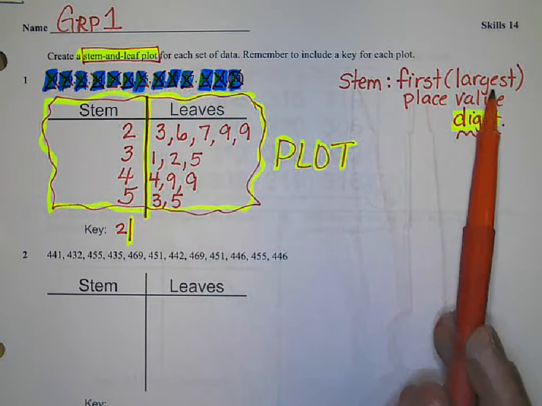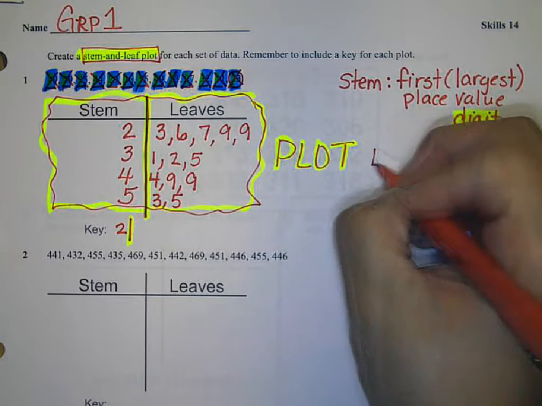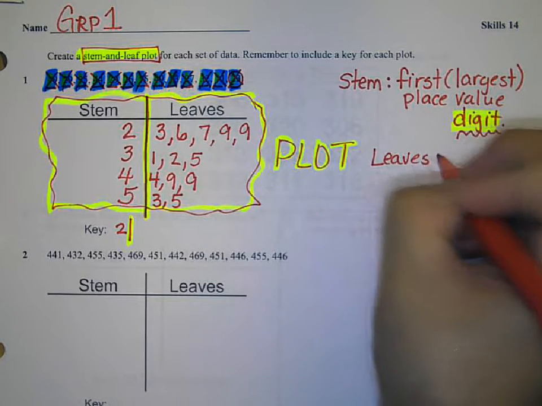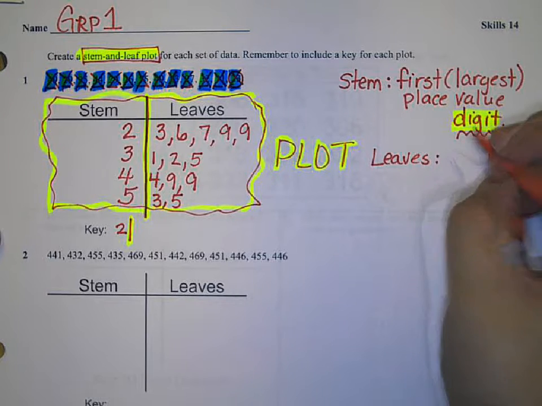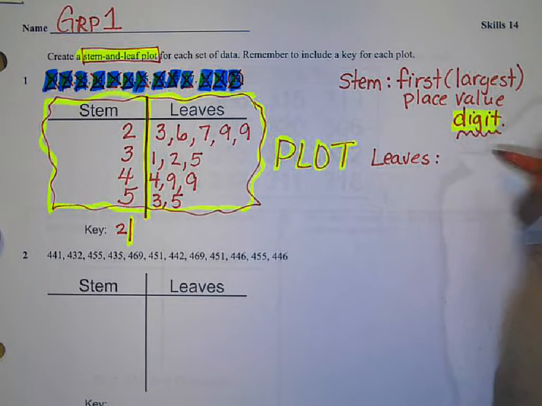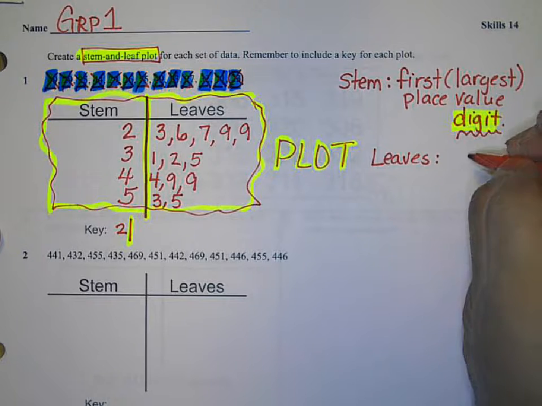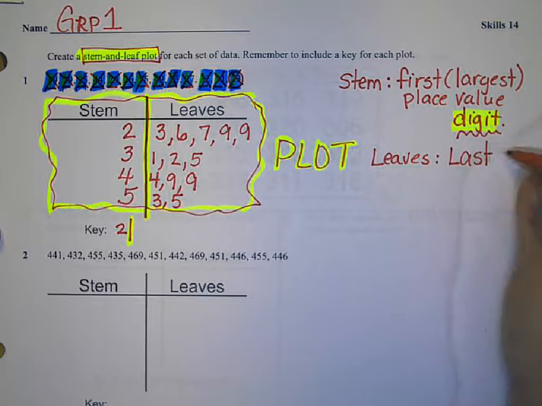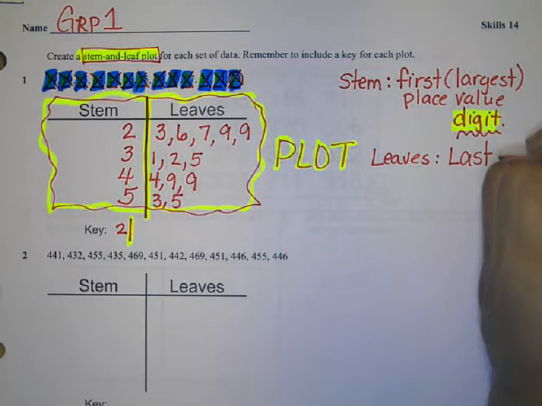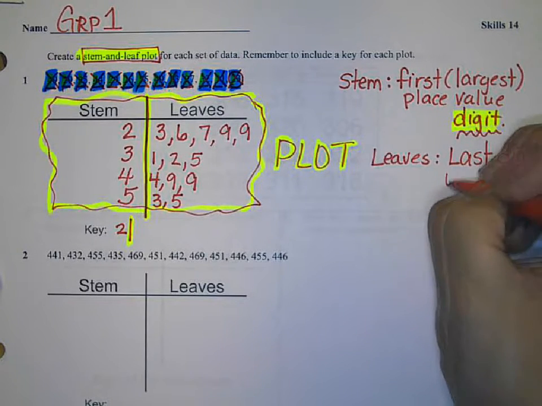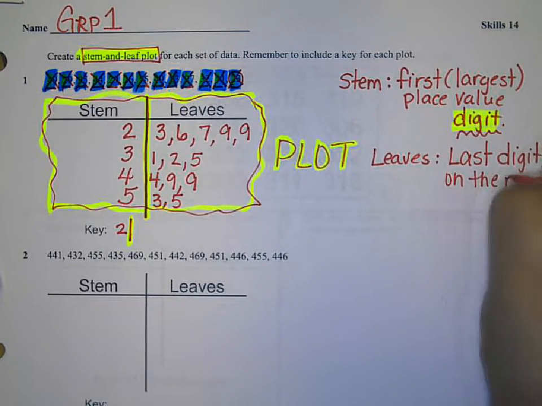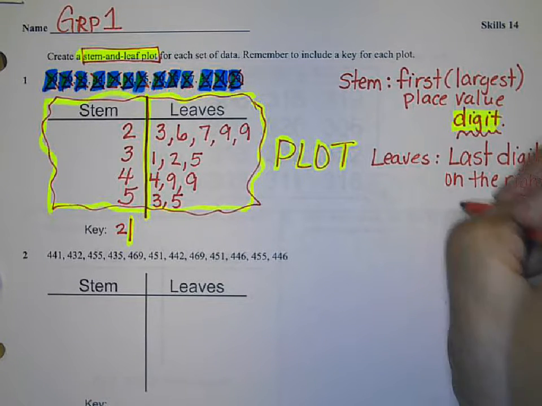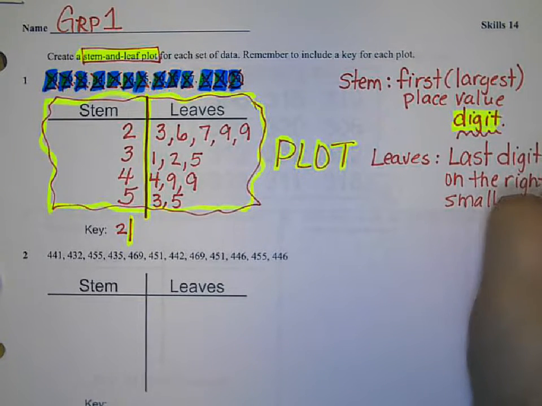Your stem is your first or largest place value digit. Your leaves are your last digit on the right, which is your smallest place value.